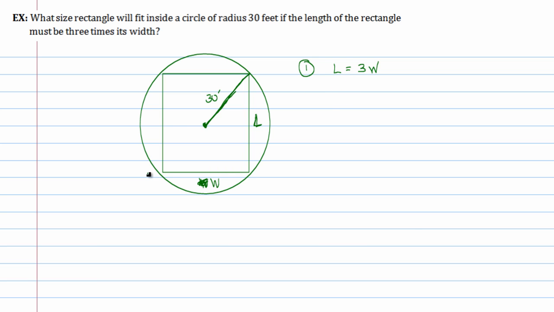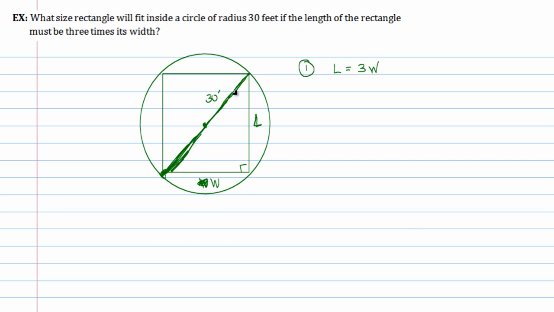The second equation may not be super obvious, but let's see if we can link up L and W via a well-known theorem. If I continue that diagonal across to the other side, where it's supposed to, I don't have it drawn in perfectly, but that rectangle is supposed to intersect the circle also at this edge right here.